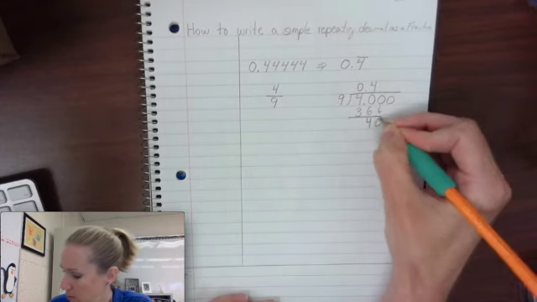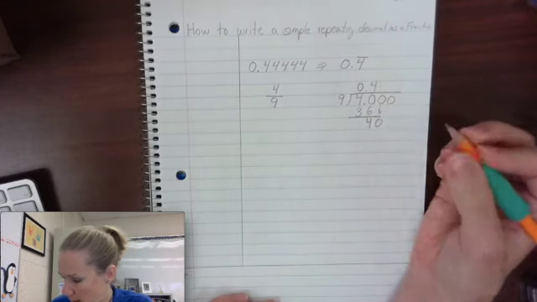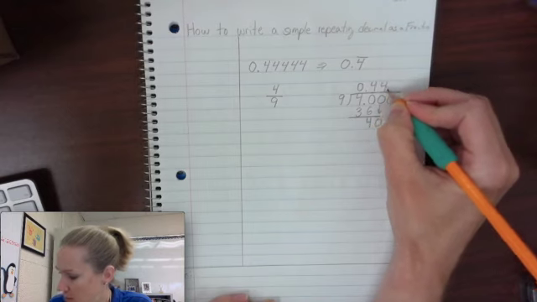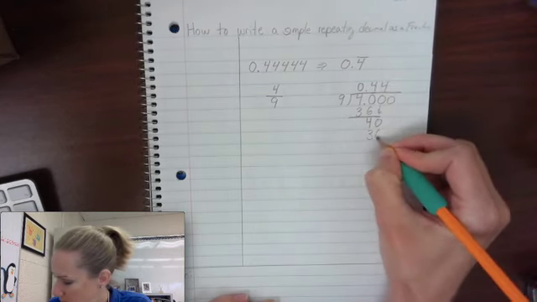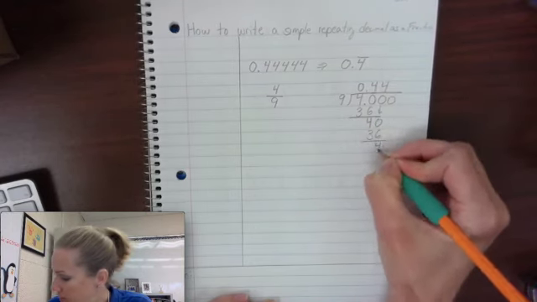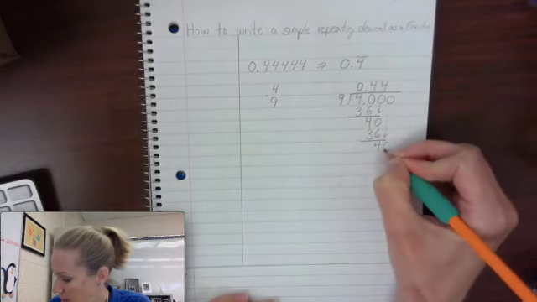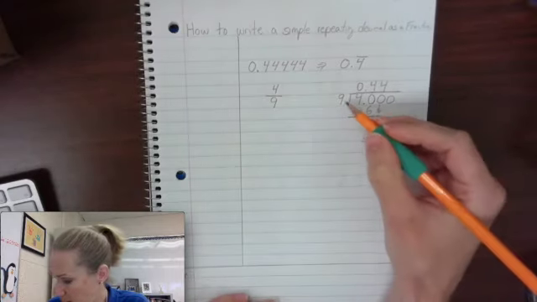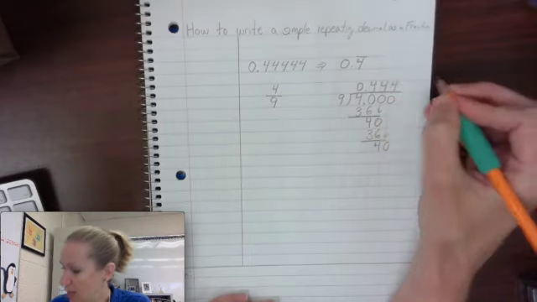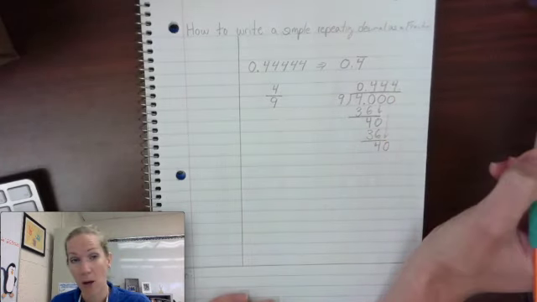Just drop down. Oh, we've got 9 goes into 40 4 times. 4 times 9 is 36. And as you can see, this pattern is just going to keep going and keep going. 9 goes into 40 4 times, and so on and so forth.